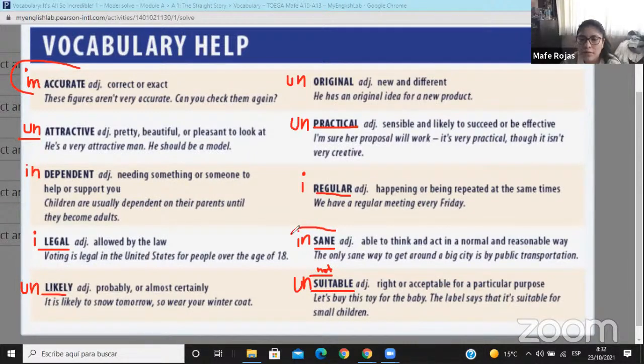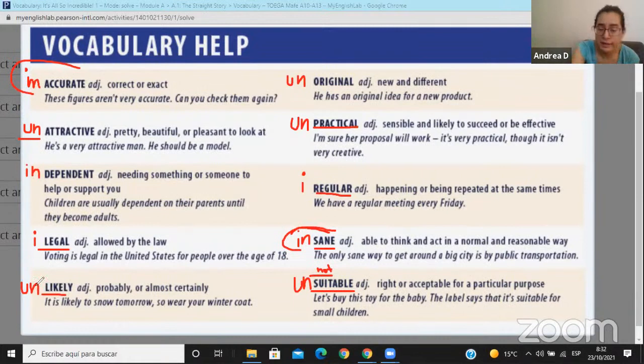You can use not with many of these: not accurate, not attractive, not dependent, not legal, not likely, not original. In some cases it's more common, like with suitable, where it's more common to hear that's not suitable. But with insane, that is really common. So you're insane, that works.